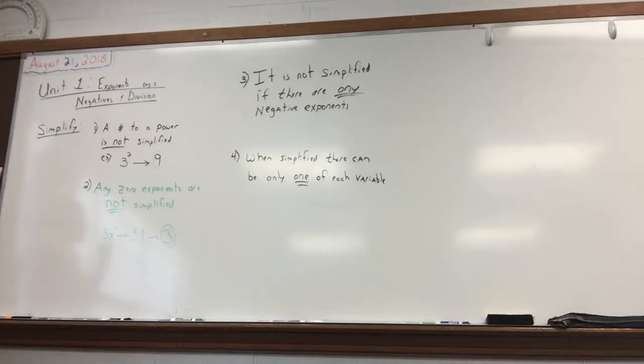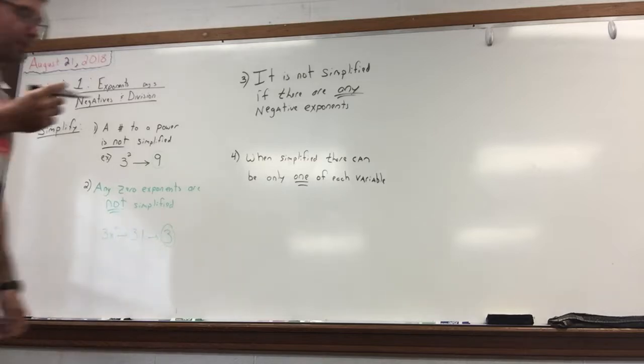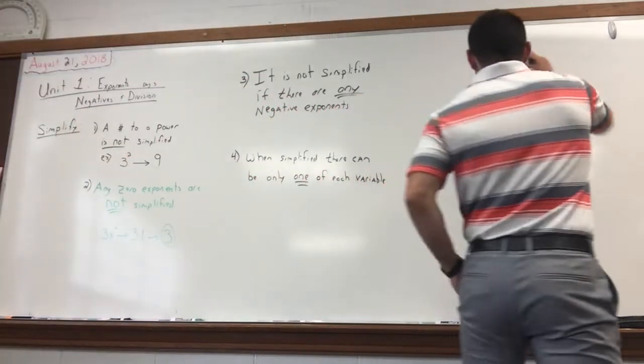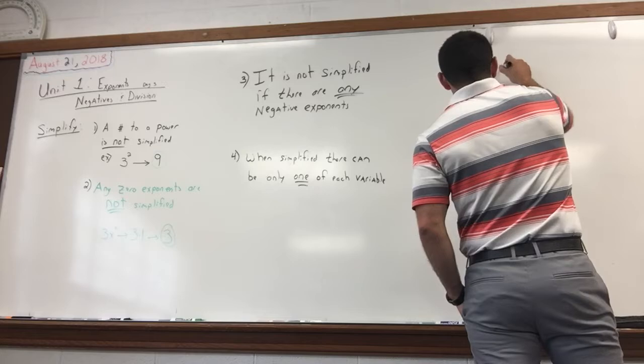So if you give me an answer that says 3x squared x to the third, that's not simplified. You need to combine your x's. There can only be one x, there can only be one y, there can only be one z, there can only be one t. Whatever the variable is, there can only be one of them. Everybody with me? Yeah. Okay. So have that copied down, and then we will talk about division.